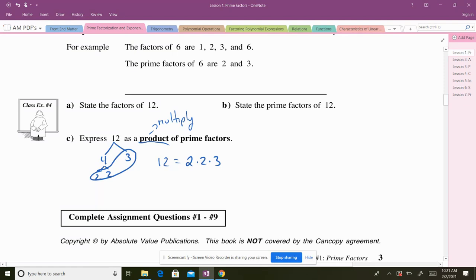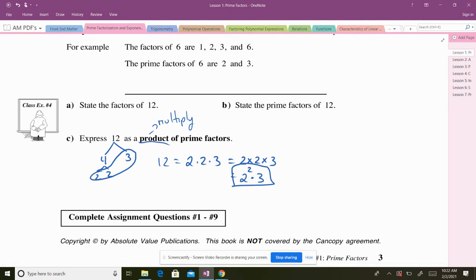And the little dot means multiply. You could write it like this if you wanted. How else could I write it with exponents? 2 to the power of 2, because there's two 2's, times 3. You don't have to do it that way, but it's a shortened, more condensed way.